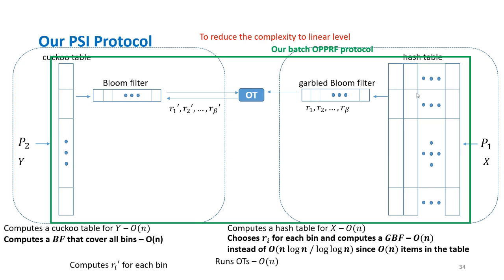But note that many of the items in the hash table are garbage values, and the total number of actual items is n times the number of hash functions used in the Cuckoo hashing. Thus, the total number of actual items in the hash table is O(n). This requires Bloom filters of size O(n) instead of O(n log n / log log n). This is the main observation that enables us to achieve the linear complexity in our protocol construction.